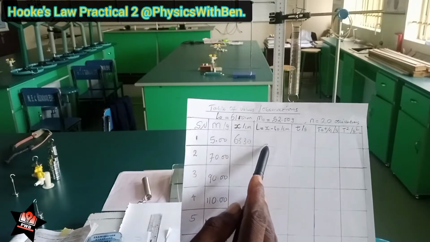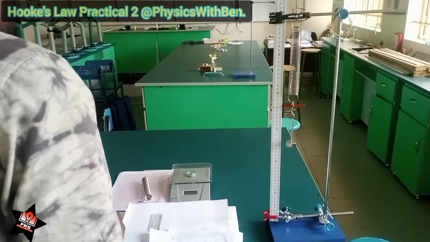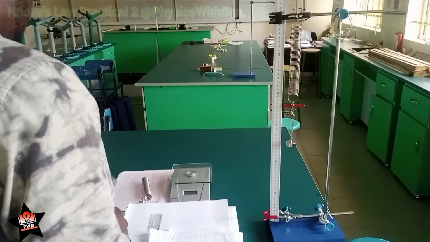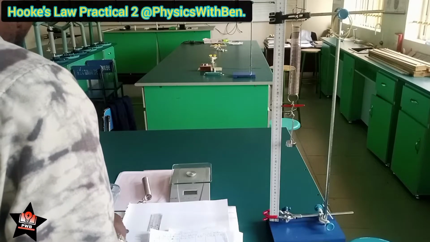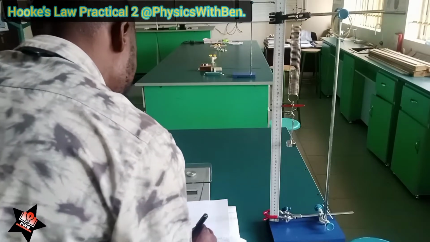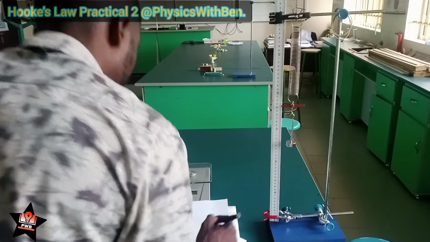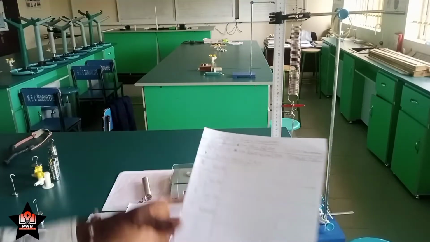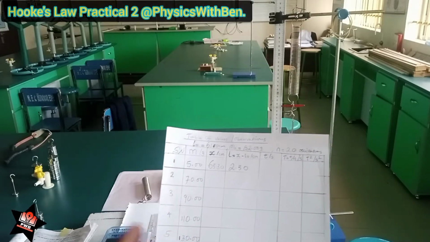And now put the result here. So my X is 63.3 minus 61.0. So my L here is 2.30. I told us I'm using one stone to kill so many birds.